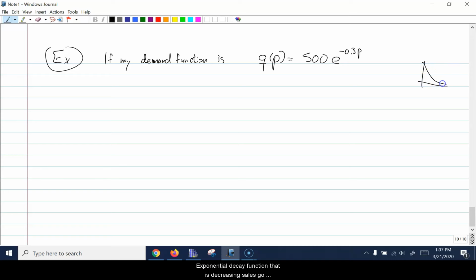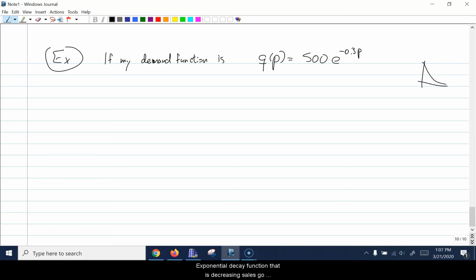When I sell, what do I sell? I guess, okay, if my demand function, Q of P, equals, maybe it's 500 e to the negative 0.3 P. This is an exponential decay function.